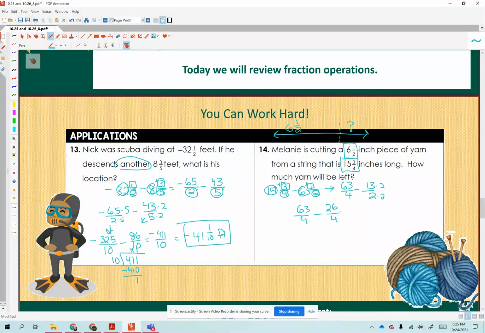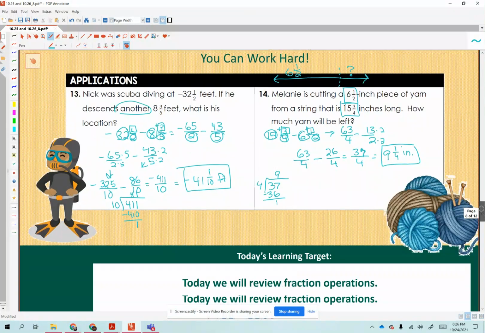So 63 over 4 minus 26 over 4 equals 63 minus 26 is 37. And if we take our 37 and we divide it by 4, we know that 9 times 4 is 36. So that would be a final answer of 9 and 1/4 inches of yarn left.